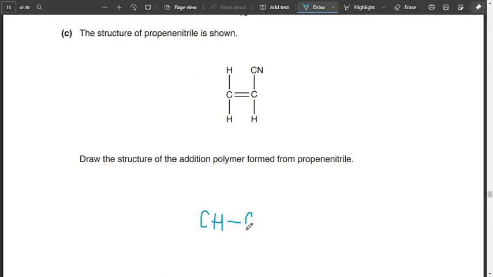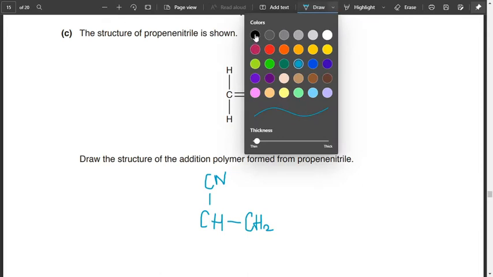And then we have CH2. Alright, and we also have this C, and then we have CN over here. Alright, I'll just label it and show it to you. Extension, you need to extend it. Show its extension, how we're going to continue it. Let me explain how I draw this.